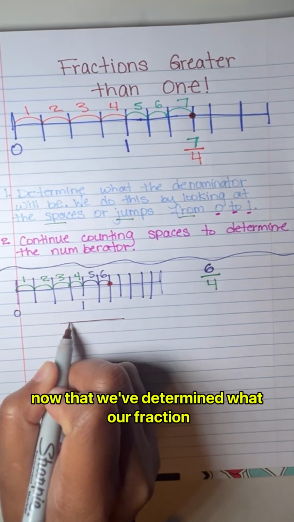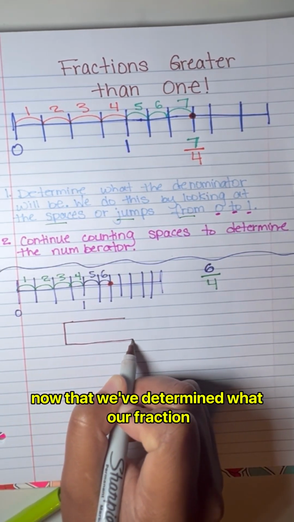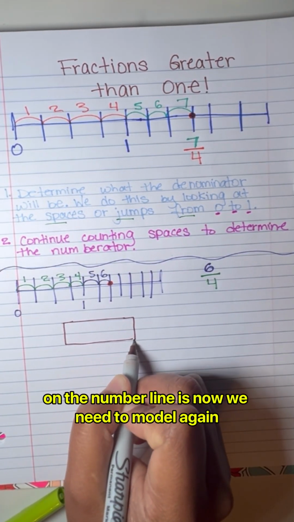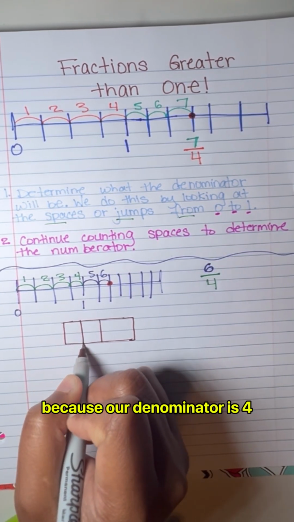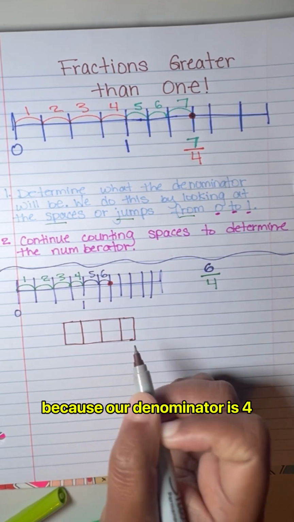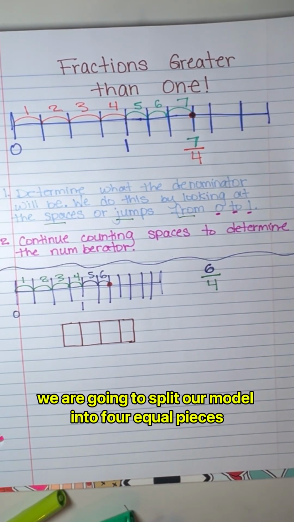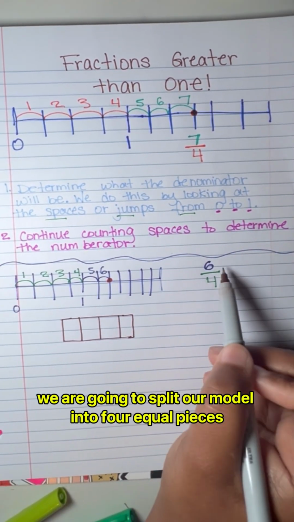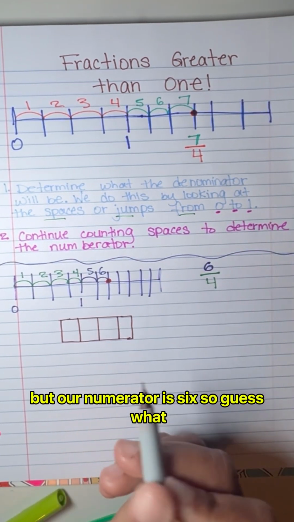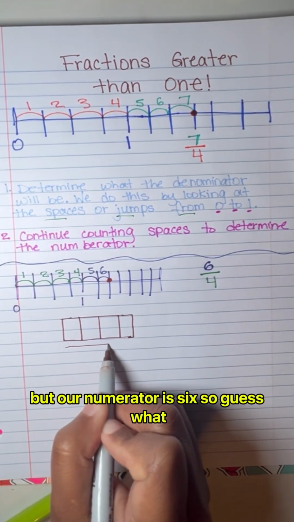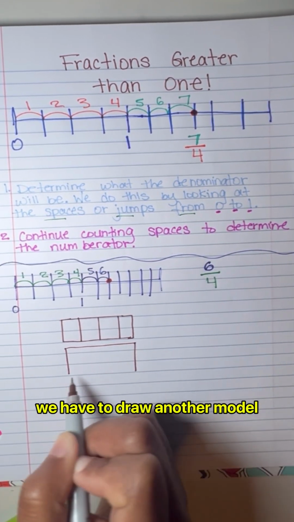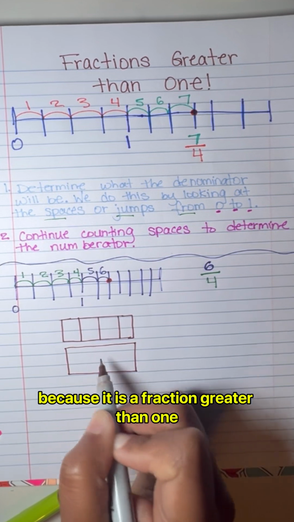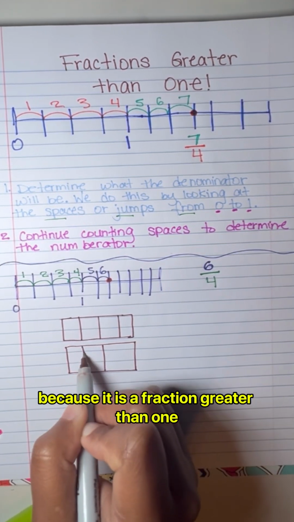Now that we've determined what our fraction on the number line is, now we need to model. Again, because our denominator is 4, we are going to split our model into 4 equal pieces. But our numerator is 6. So guess what? We have to draw another model because it is a fraction greater than 1.